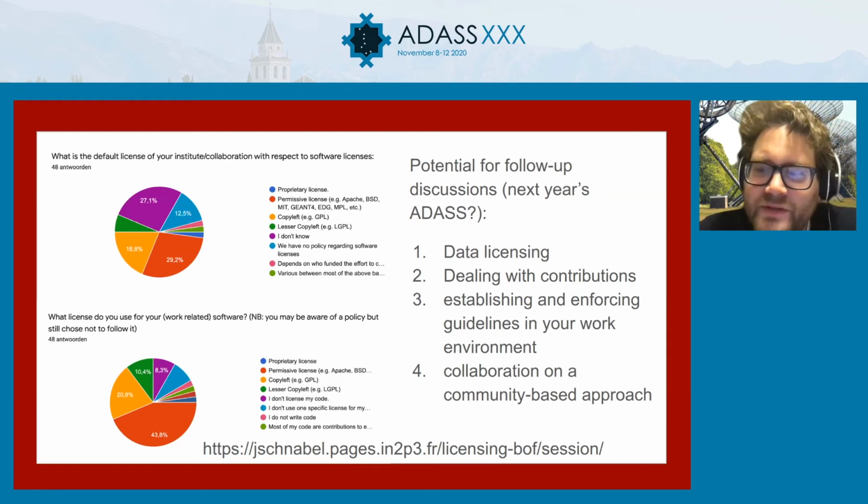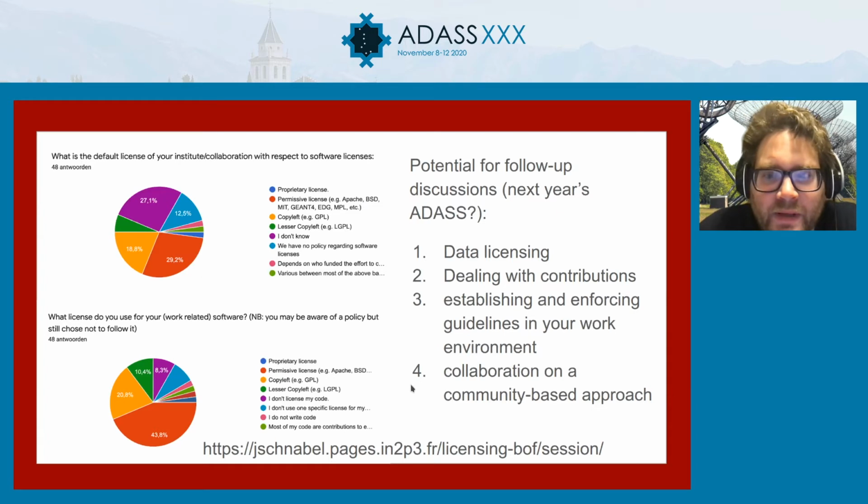Also, there was a lot of discussion, and I'm adding it already as next year's ADASS, that we could easily fill a next BOF with all the questions we still have open. I think an important one was data licensing, and this may also apply a bit to this discussion: data citation, data licensing, that whole package is something people are very interested in, and of course is getting a lot of attention nowadays. Contributions and contributors: how do you handle those?